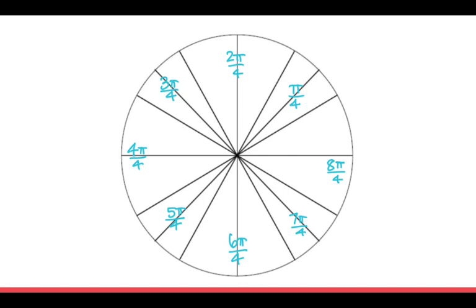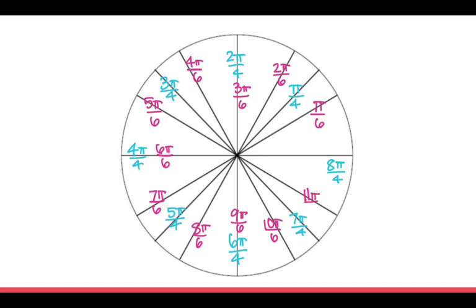But before I reduce them, I'm going to go ahead and find my other angles by doing increments of pi over 6. So this is 1 pi over 6, 2 pi over 6, 3 pi over 6, 4 pi over 6, 5 pi over 6, 6 pi over 6, 7 pi over 6, 8 pi over 6, 9 pi over 6, 10 pi over 6, 11 pi over 6, and then finally 12 pi over 6.